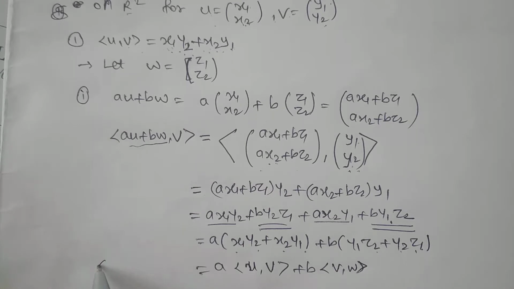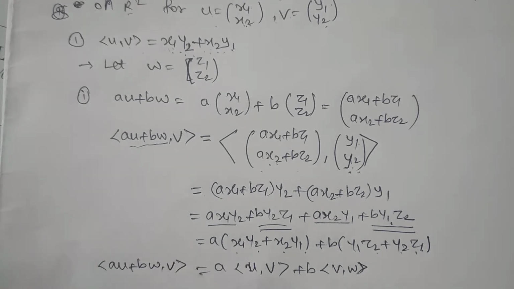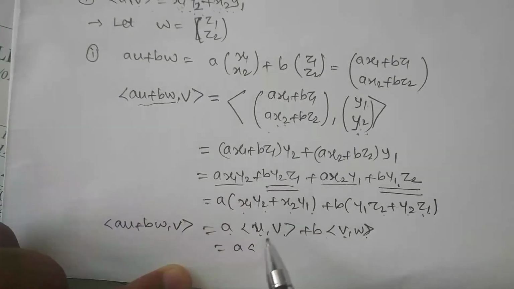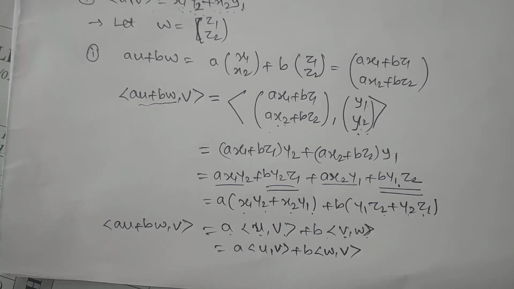So the first condition gets satisfied here. Inner product of a u plus b w comma v is equal to a into inner product of u comma v plus b into inner product of v comma w, or this can also be written as a into inner product of u comma v plus b into inner product of w comma v.